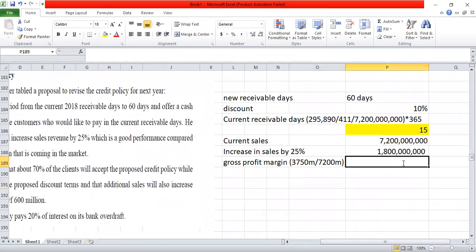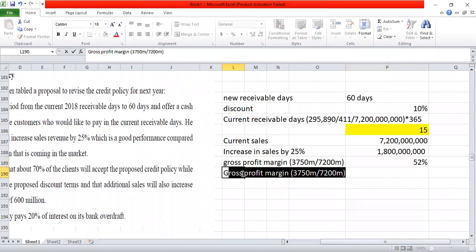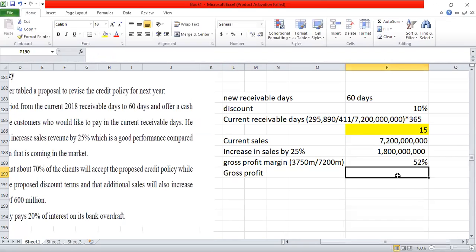So I can get my gross margin, which is 3,750 divided by 7,200, which is 52%. So our gross profit will be this. This is the gross profit for the new policy.